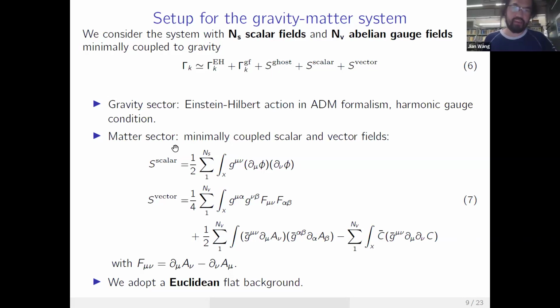For the matter sector, we have N_s scalar fields and N_v gauge fields together with their gauge fixing and ghost term. Here in this talk, we just consider the abelian gauge fields. In addition, to simplify the computation, we adopt the Euclidean, flat background spacetime.